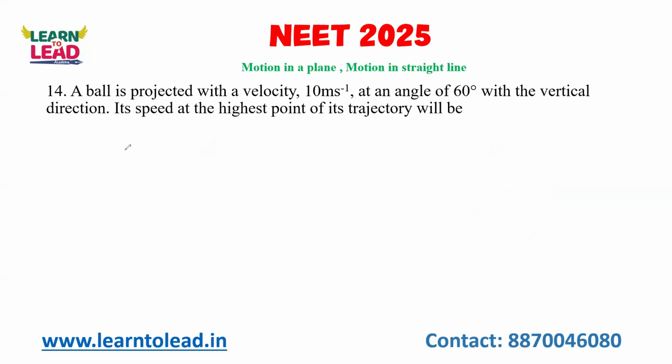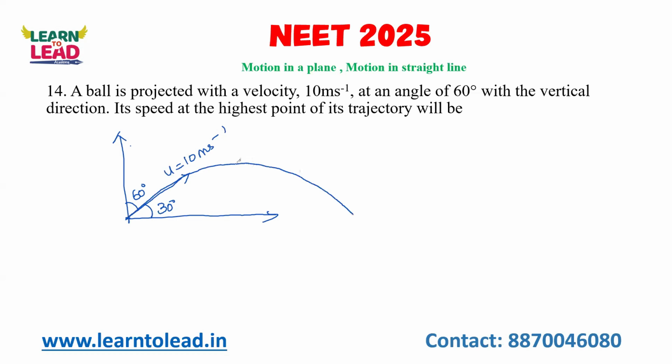A ball is projected with a velocity of 10 meters per second at 60 degrees with the vertical axis. Then with the horizontal it makes 30 degrees. Its speed at the highest point of its trajectory. I throw the ball. What is the speed at the highest point? Speed at the highest point is u cos 30.